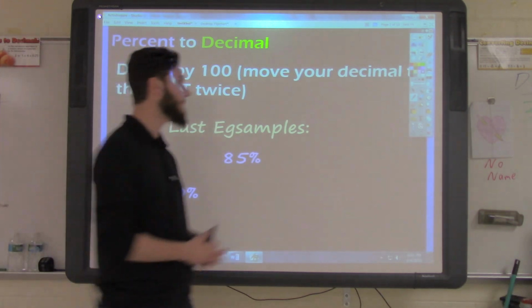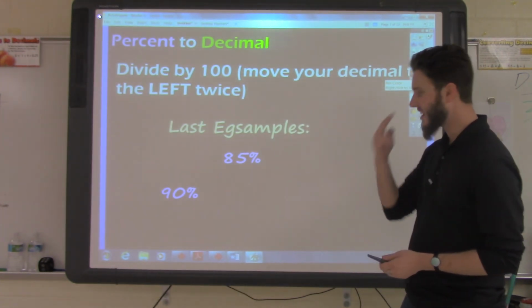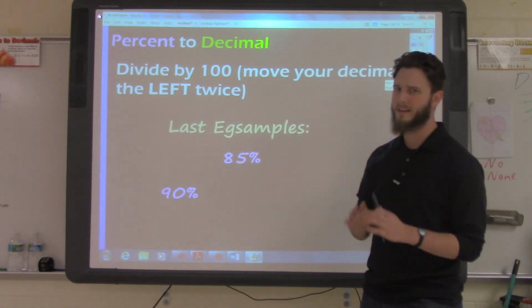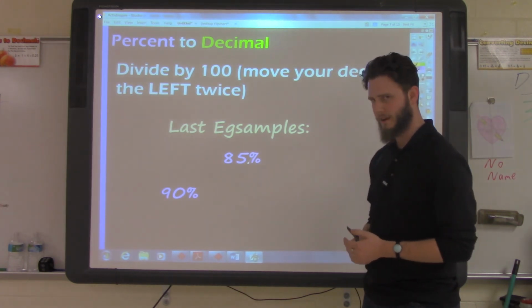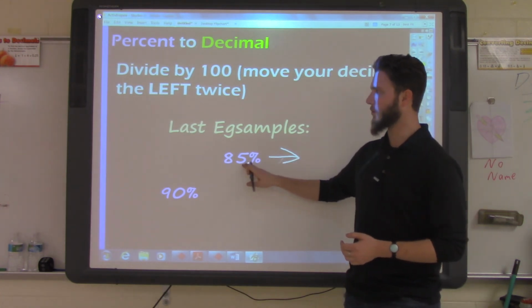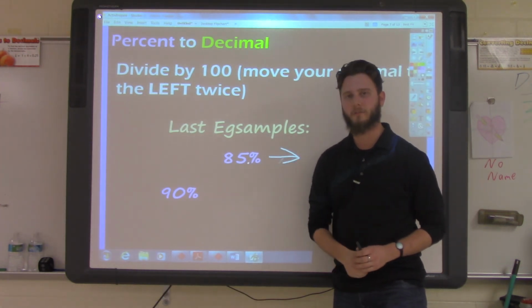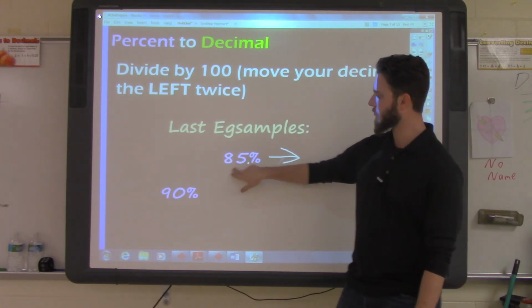What you have to do is take that 85% and envision that there is a decimal, an invisible decimal, hiding at the end of it, right there. Next, you're going to take that decimal and push it somewhere else, specifically that way, 2 spaces. Once, twice.